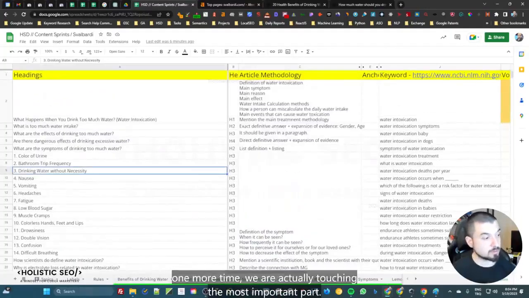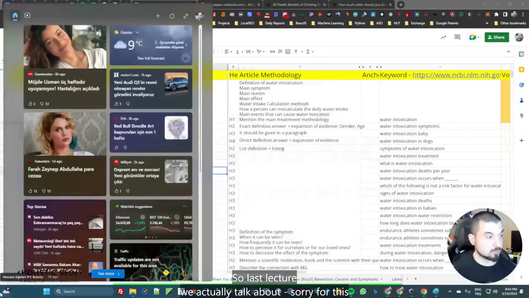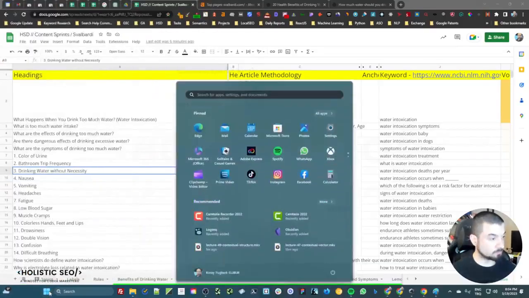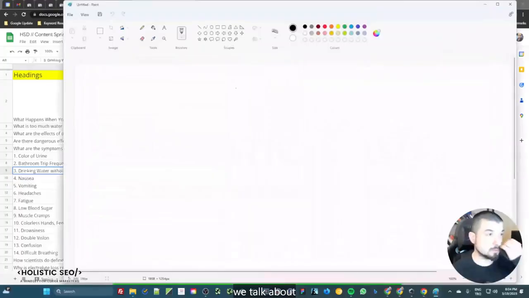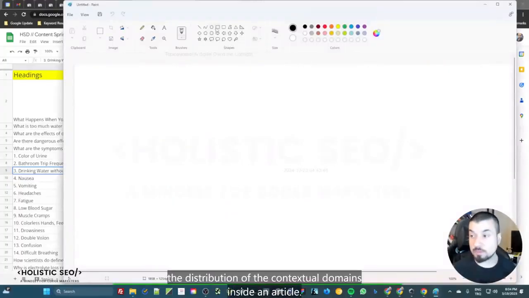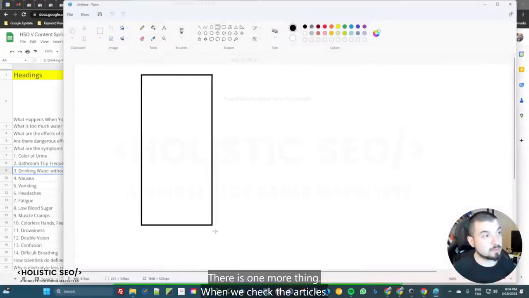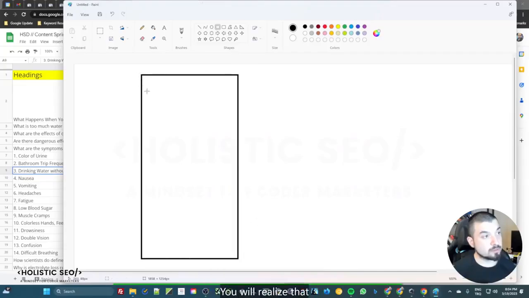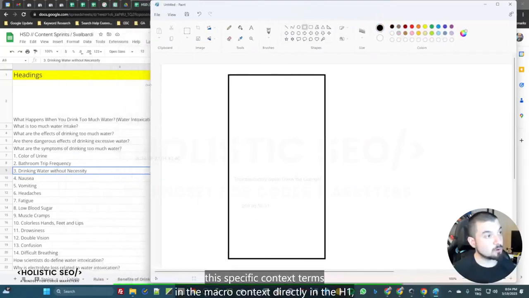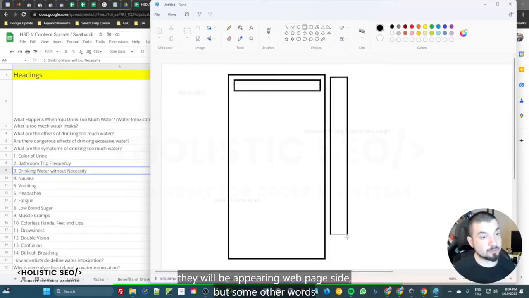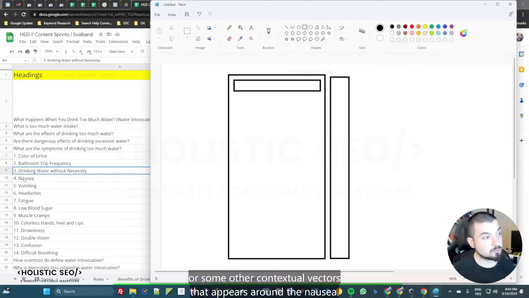So last lecture, we talked about the distribution of the contextual domains inside an article. There is one more thing. When we check the articles, you will realize that the specific context terms in the macro context directly in the H1 will be appearing page-wide, but some other words or some other contextual vectors appear around the nausea, I guess vomiting, headaches, fatigue, or color of the urine.